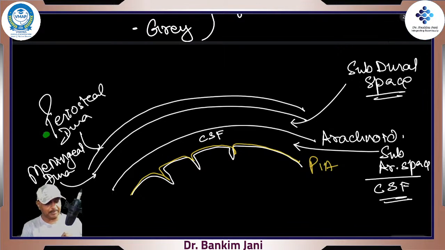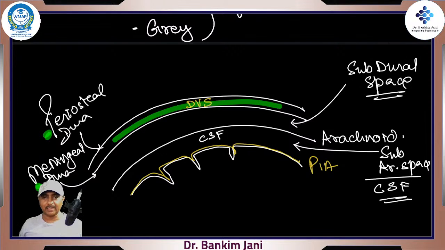Because normally this periosteal layer and the meningeal layer are snugly attached. But when a venous sinus is to be prepared, they create that space. So our dural venous sinuses are here. That's where our dural venous sinuses are. Now the picture is complete.